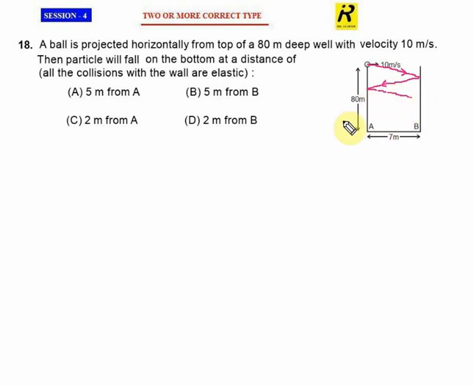So this happens many times. The first collision happens here, the second collision here, the third collision here, the fourth collision here. You have to observe one main thing: all odd-numbered collisions appear on this side B, and even-numbered collisions appear on this side A.